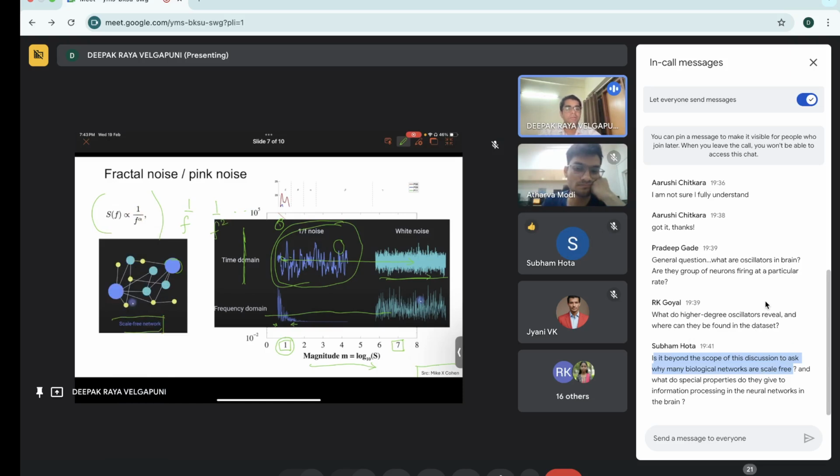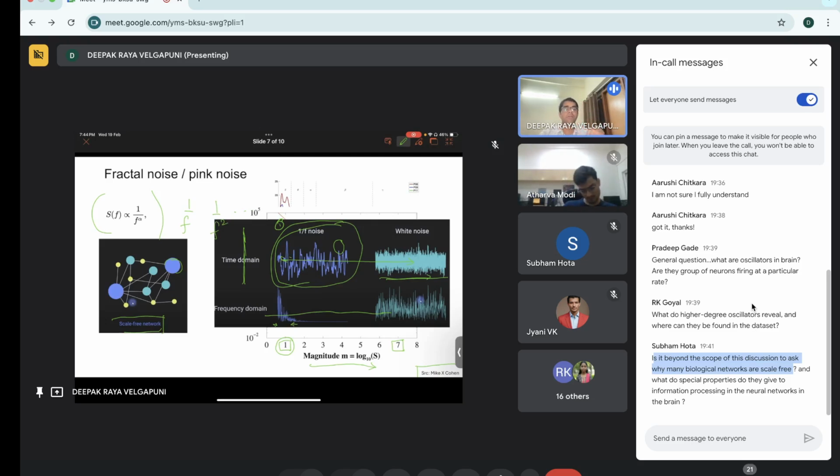Okay, so this also partly answers what high degree oscillators reveal. They also analyze gamma frequencies in the gamma bands, but it's very rare in EEG datasets because of higher 1 by f noise in the EEG. But if you take an LFP signal, the population of neurons that you're analyzing is smaller.